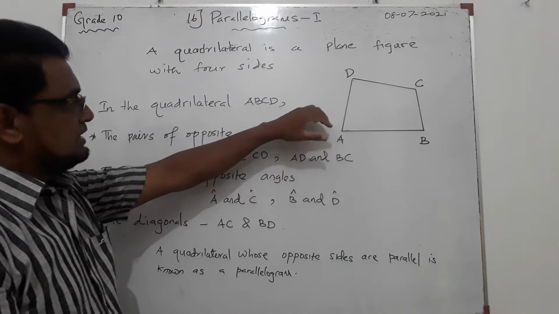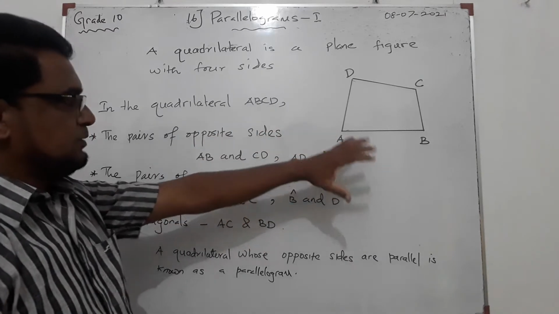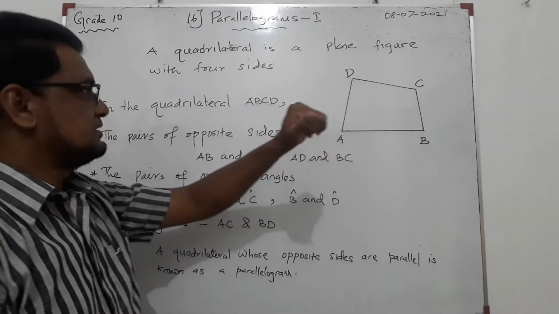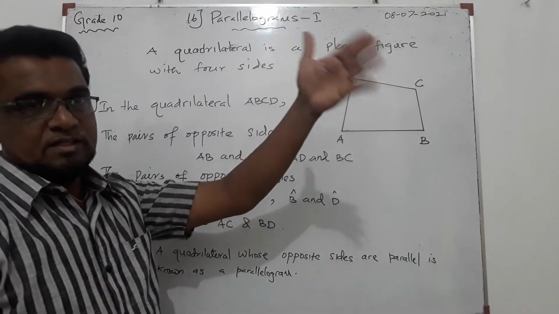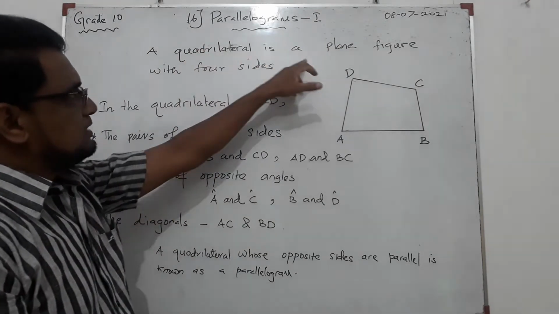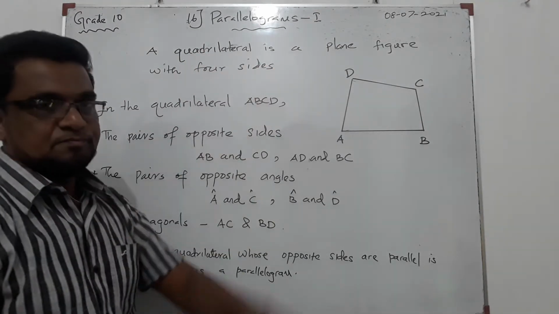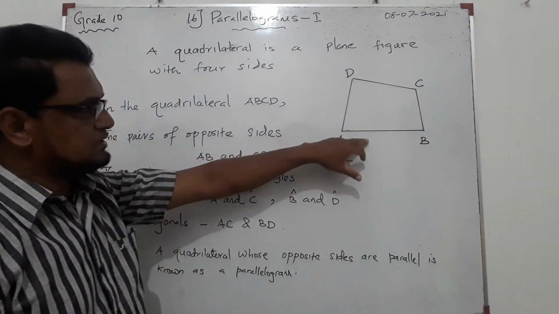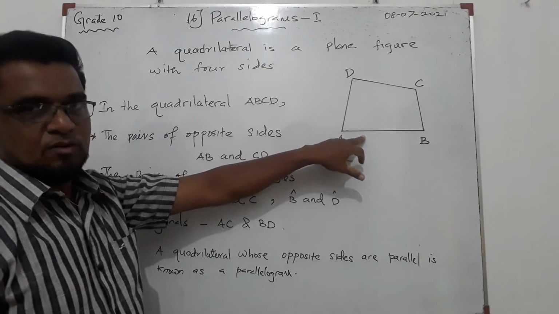Before we start the lesson, we have to know about the quadrilateral, as you learned in previous grades, in grade 6 or grade 8. A quadrilateral is a plane figure with 4 sides, right? Now I have drawn this figure. Look at this picture, all of you.